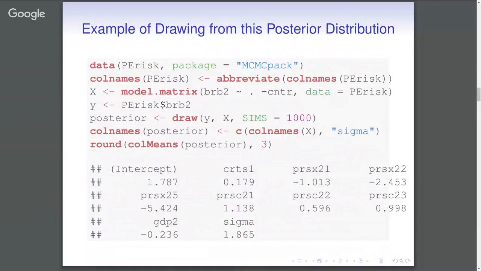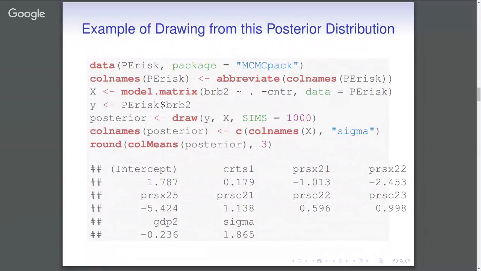Here, I'm going to do it on a data set called political economy risk. So the outcome variable here is called BRB2. It has something to do with the black market exchange rate. The higher the black market exchange rate is relative to the official exchange rate in a country, that suggests more political economy risk for investors and people like that.